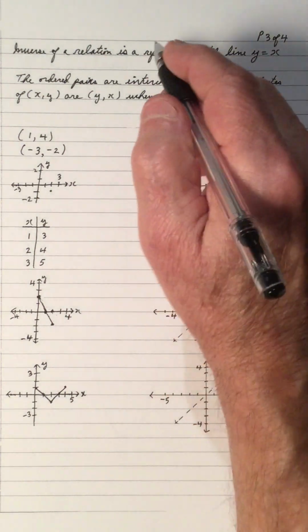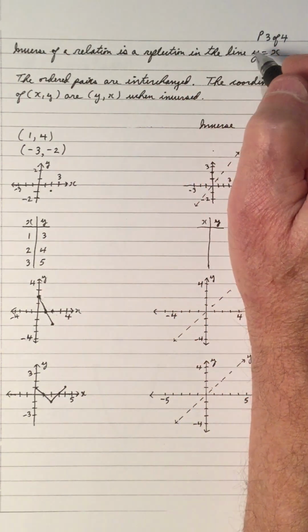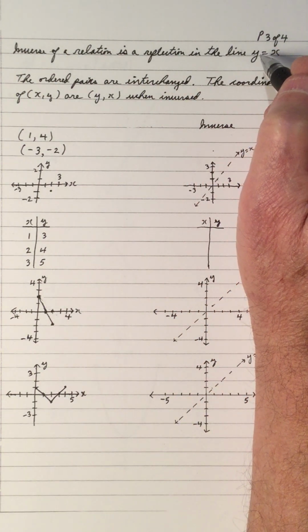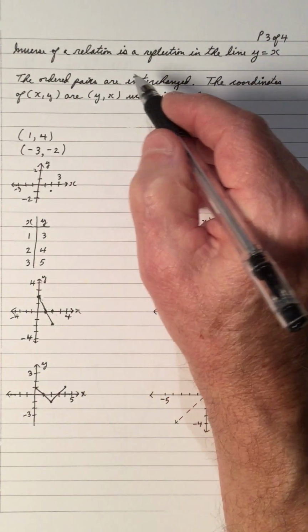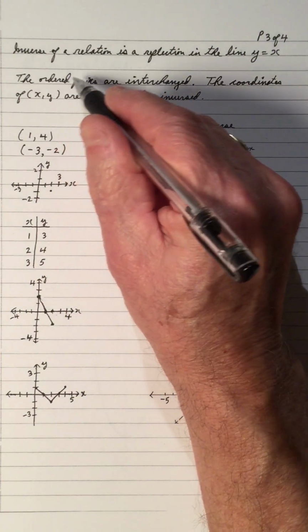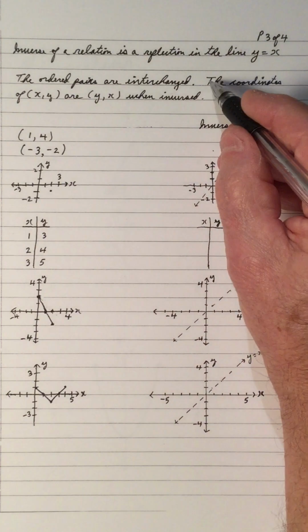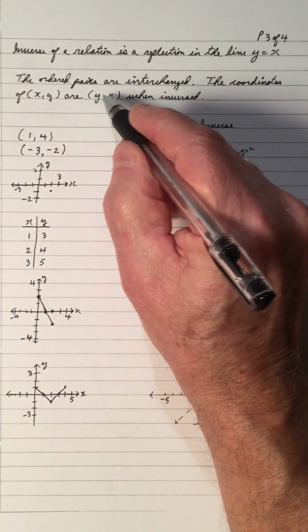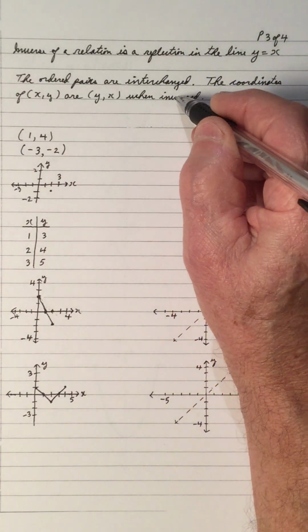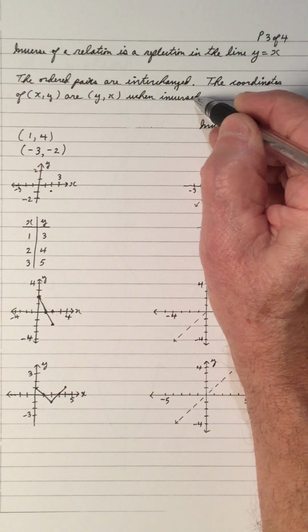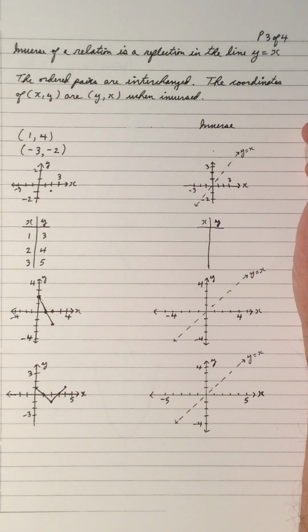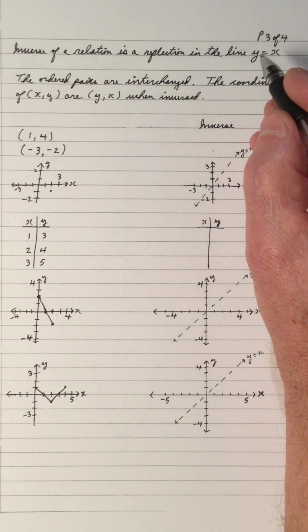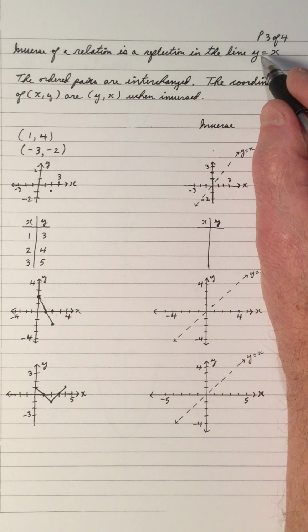The inverse of a relation is the reflection in the line y equals x. The ordered pairs are interchanged. The coordinates of x and y are swapped when inverted. So let's do some examples. The ordered pairs are interchanged, and it's a reflection in the line y equals x.